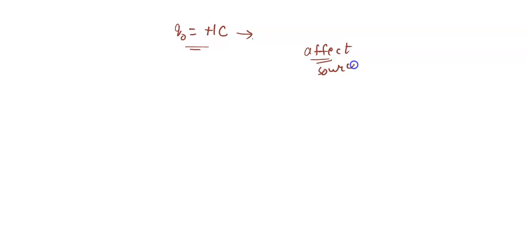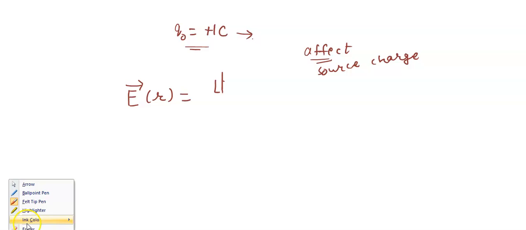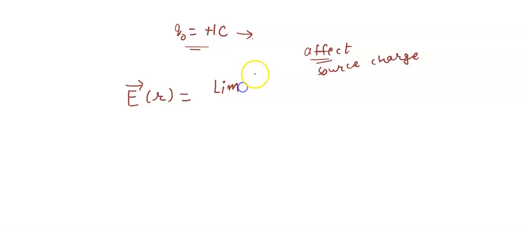So we need something other than a 1 coulomb charge, and for that a new definition of electric field is given. According to this, electric field intensity at a point is equal to the limit as Q naught tends to 0 of F vector R upon Q naught. Here we are using the concept of neighborhood, which we earlier used in differentiation.